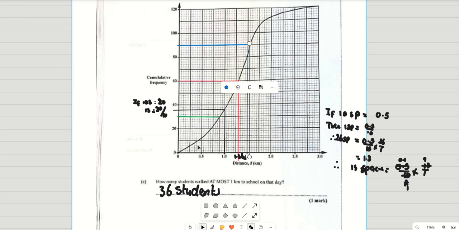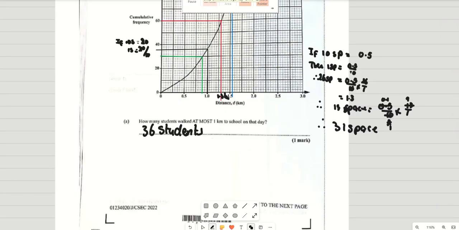So that would be 5, 10, 15, 20, 25, 30. 31 spaces. 31 spaces would be 0.5 over 10 multiplied by 31 over 1.